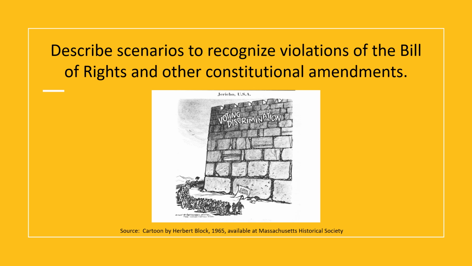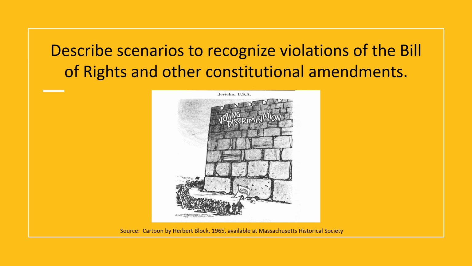So in essence, those amendments based on race, sex, and age, combined with the 24th Amendment, which also said to states, you cannot impose poll taxes on people. You cannot make people pay for the right to vote.